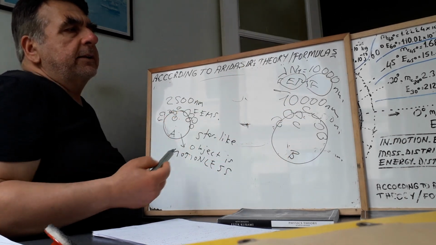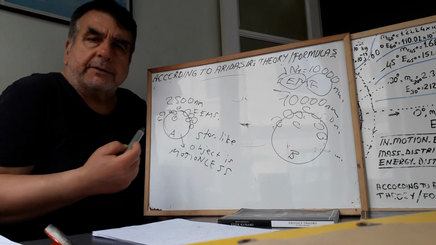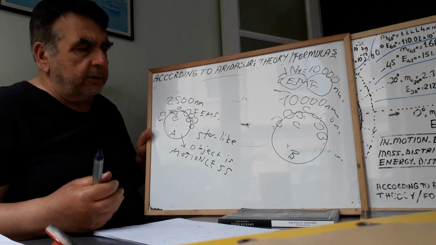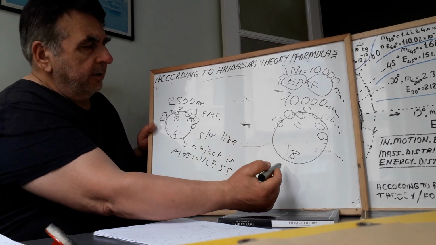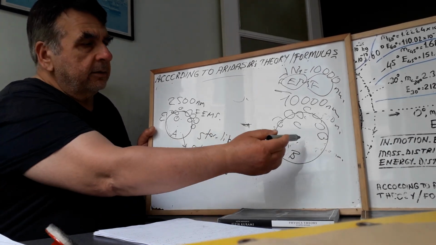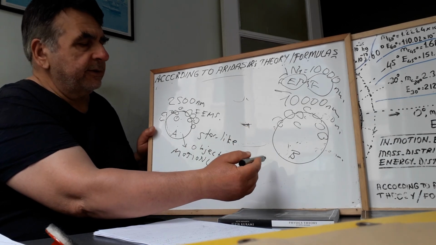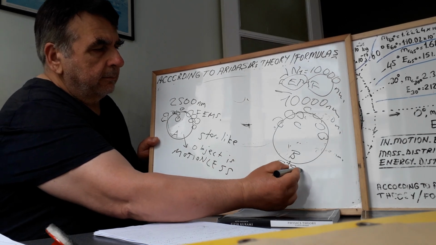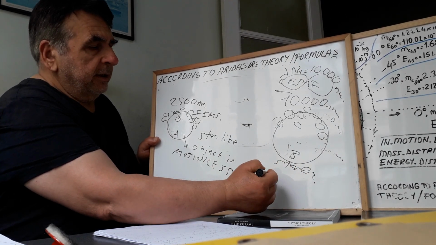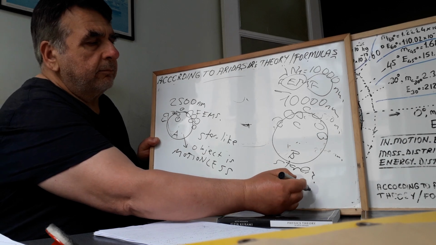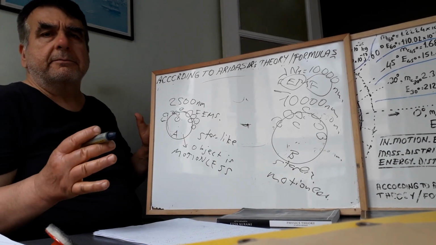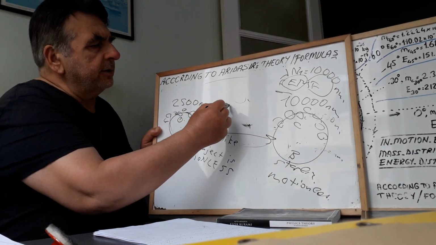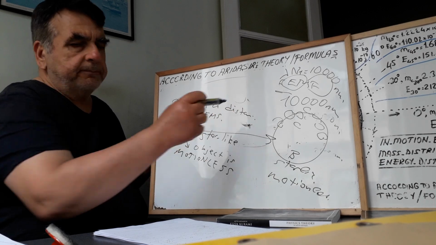Countless 10,000 nanometer wavelength size free electron motion forms are in motion at a certain velocity in this star-like object. But this is motionless. Okay. A certain distance, it's not important.